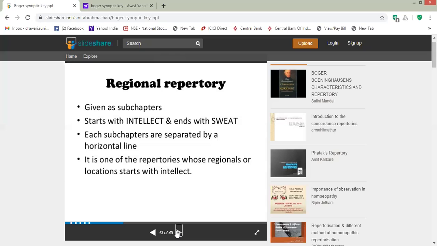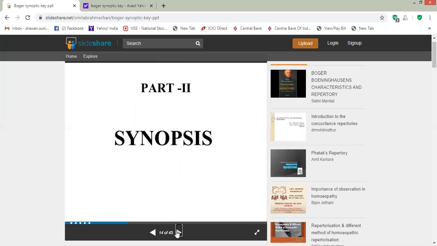It is one of the repertories whose regionals or locations start with intellect. This is the first part of this book, Synoptic Key, that is analysis.